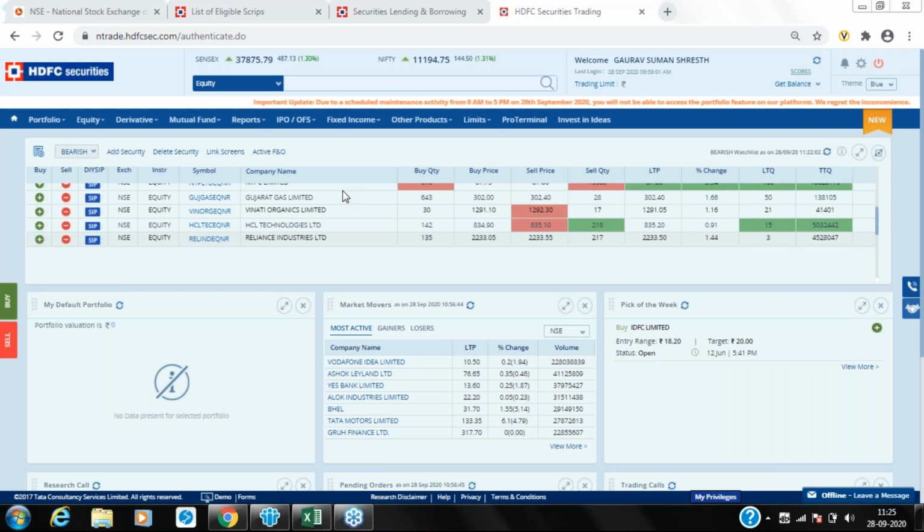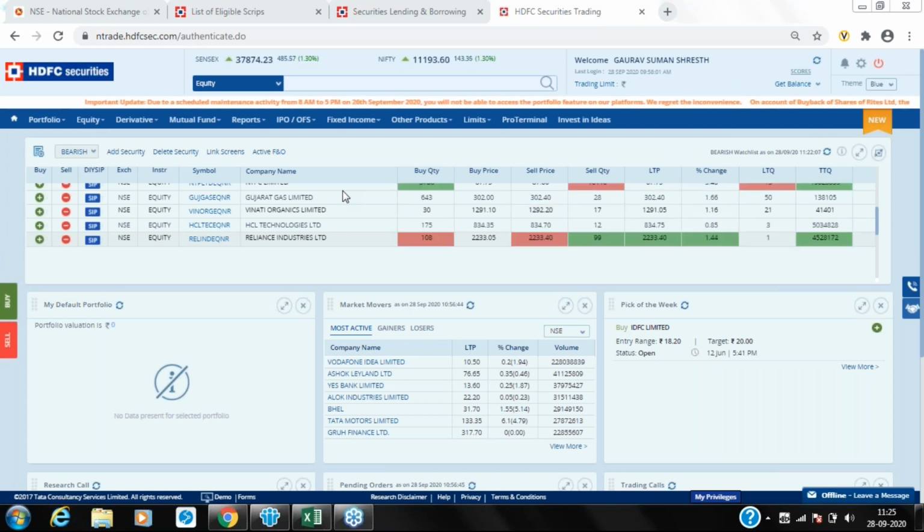Mr. Prakash has a question. What is the difference between basket order and the smallcase order? So Mr. Prakash, smallcase is a different product altogether. In smallcase, mostly you have a theme based investment already prepared for you, whereas for the basket order, you yourself enter the order that you want to execute.